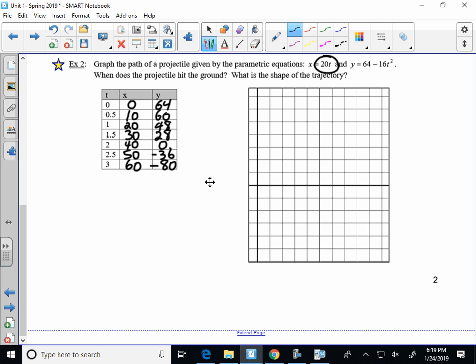We just need a scale to set this up. 1, 2, 3, 4, 5, 6. So we'll go by 16s. You don't have to label them all, obviously.